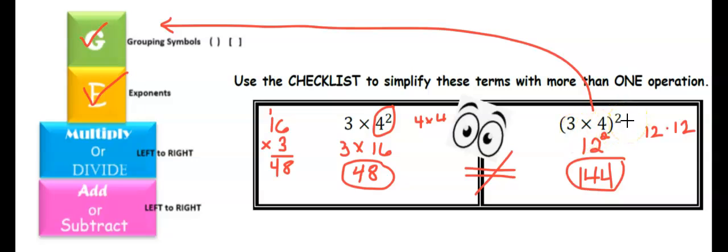The order changed. We did exponents first here and multiplied second here because exponents was before multiplication. But the order of operations here forced us to multiply first because of the grouping symbol and then raise that result to an exponent, a power of 2. So they came out different.